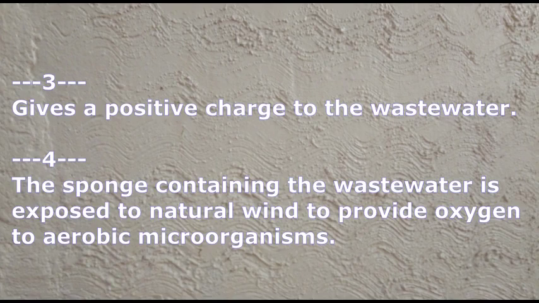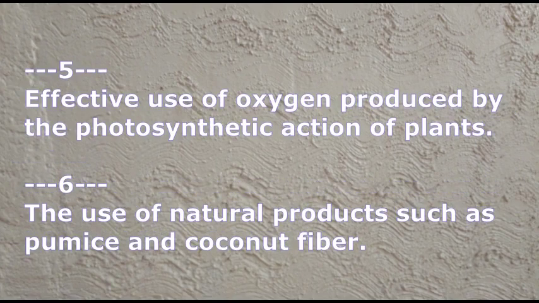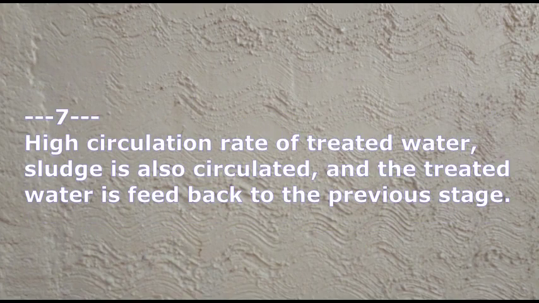The sponge containing the wastewater is exposed to natural wind to provide oxygen to aerobic microorganisms. 5. Effective use of oxygen produced by the photosynthetic action of plants. 6. The use of natural products such as pumice and coconut fiber. 7. High circulation rate of treated water. Sludge is also circulated, and the treated water is fed back to the previous stage.